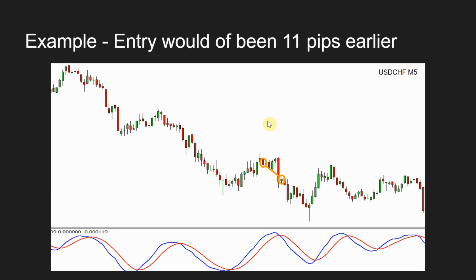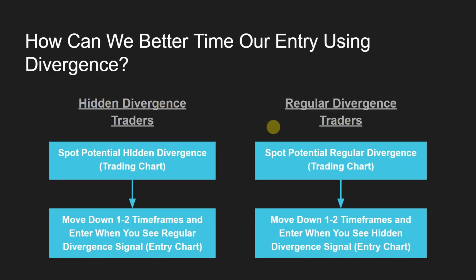I totally understand that might seem quite complicated, so please go back and watch this video because you need to understand that concept. Just to clarify it in word terms: if you're a hidden divergence trader, just like in the example I just showed, you wait for hidden divergence to potentially come in, and that's when price breaks the previous high and the oscillator breaks the previous high.